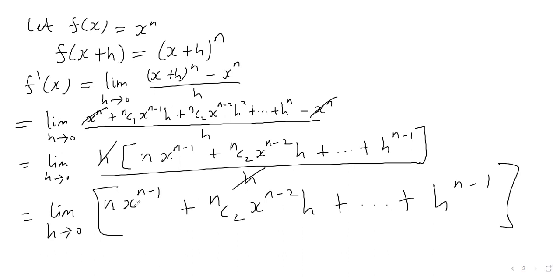Now, we've got no h's in this first term here, so we don't need to worry about the limit as h goes to 0 with respect to this first term. That's irrelevant in this case.